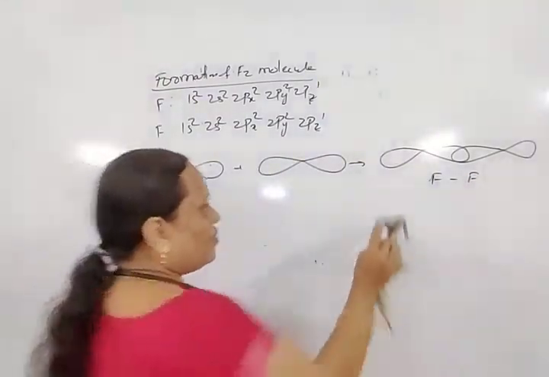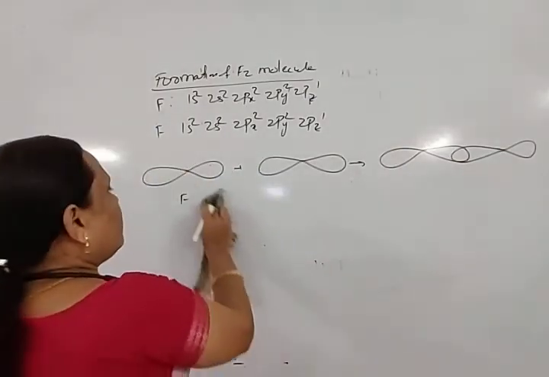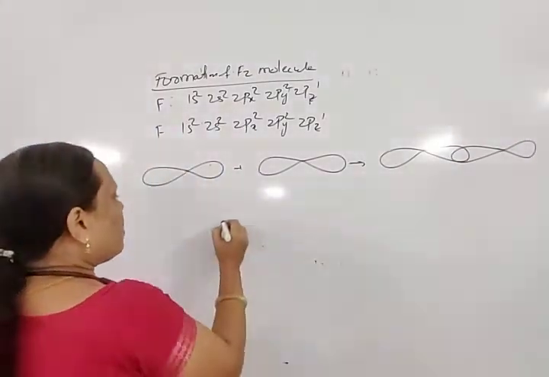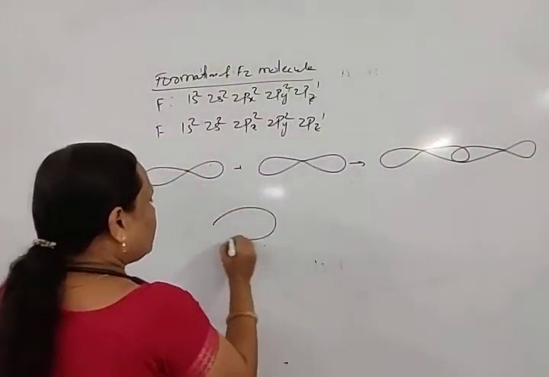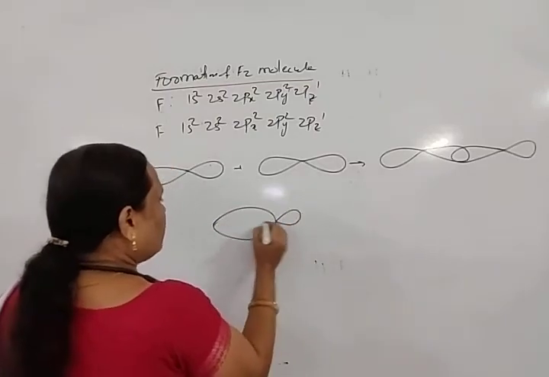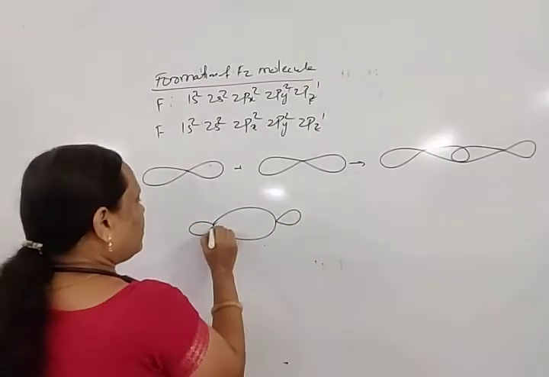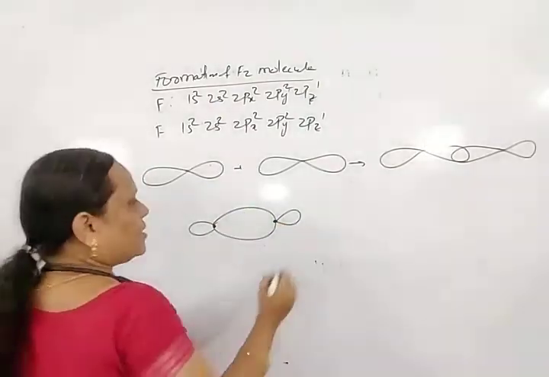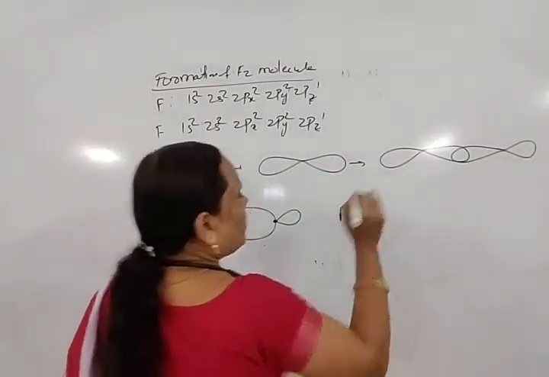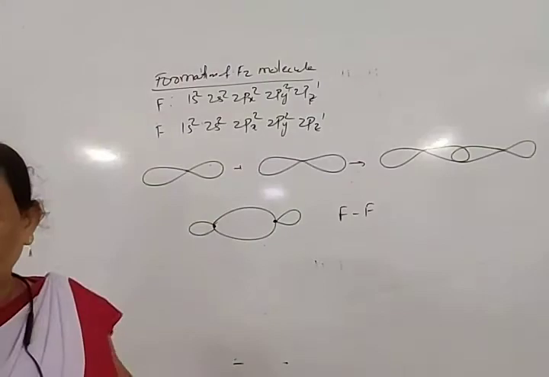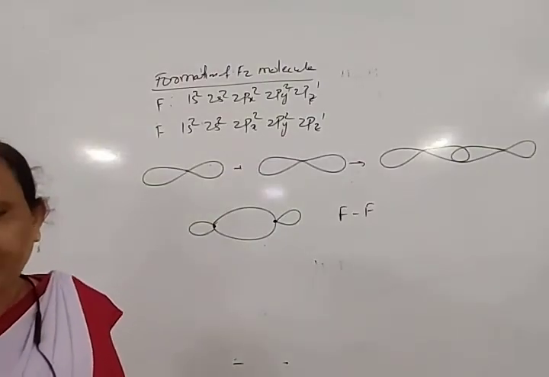This is the p-p overlapping. This is the fluorine molecule, and here the nucleus is there. This is the formation of the F-F bond.